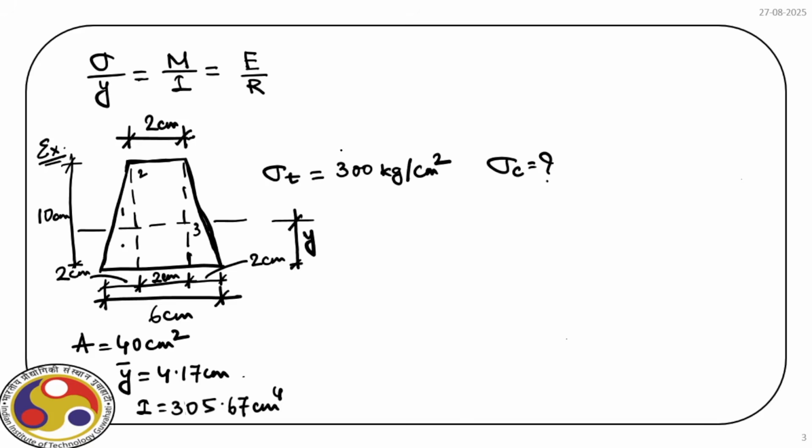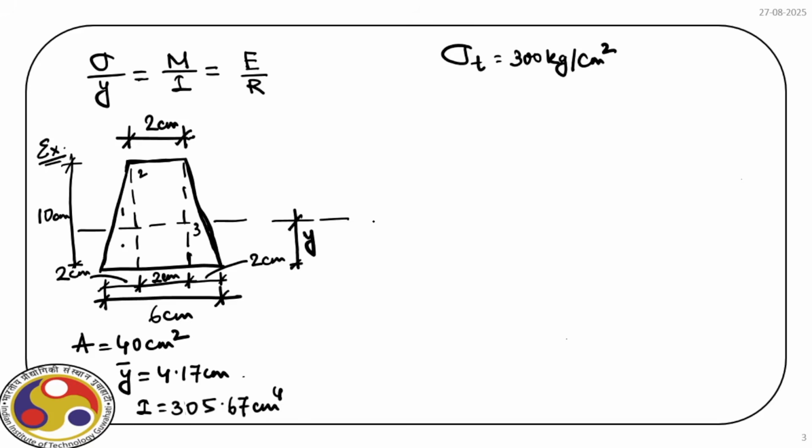That means the top fiber is under compression and the bottom fiber is under tension, right? So this is the neutral axis, and because we have sagging and tension at the bottom, this is our sigma t, which is 300.